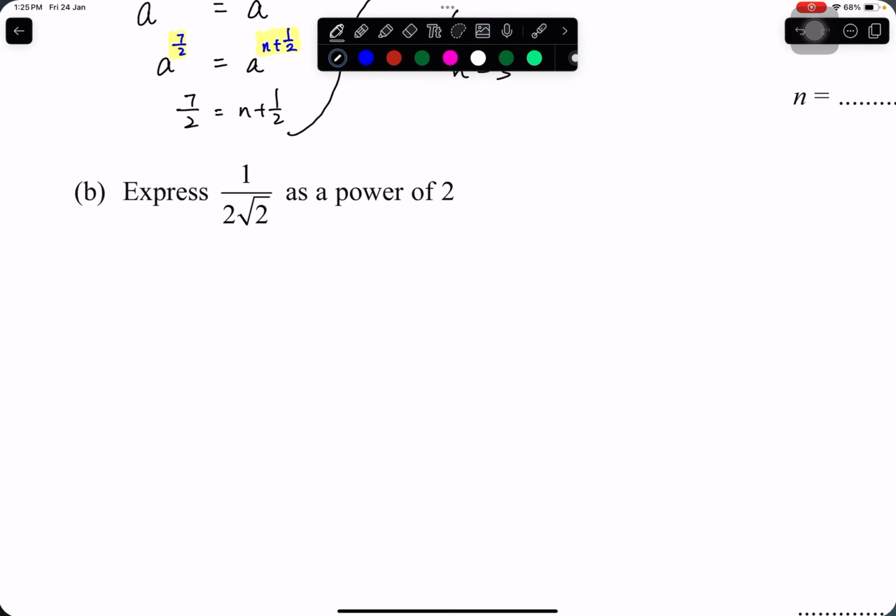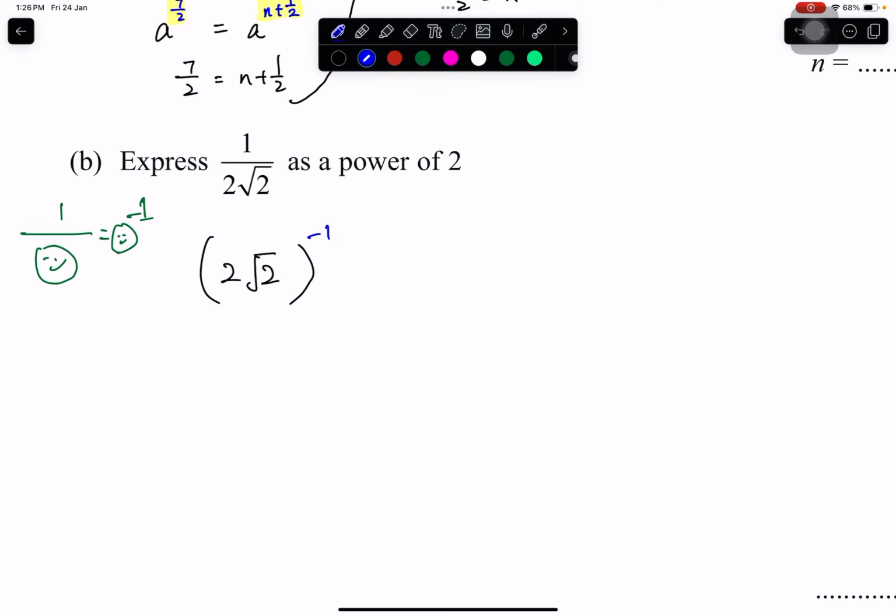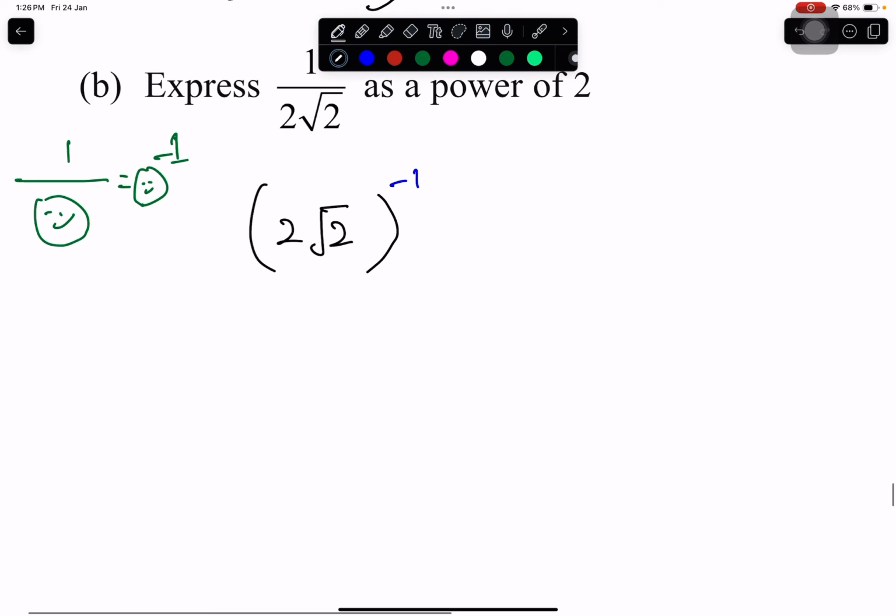Last. Okay, again, this one, 1 over something, it's something to the power of negative 1, right? So you will have 2 to the power of 2 times root 2, to the power of negative 1. Okay? And that's equal to what?